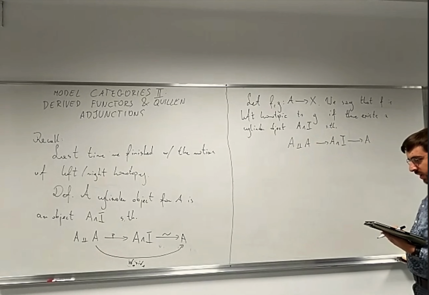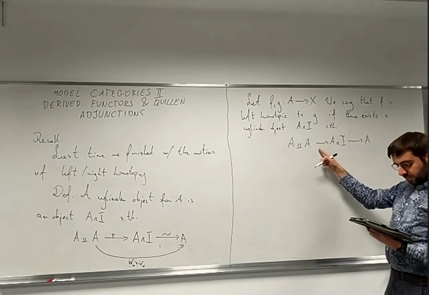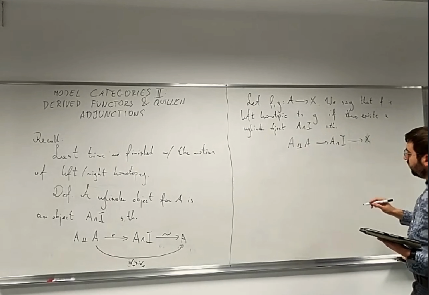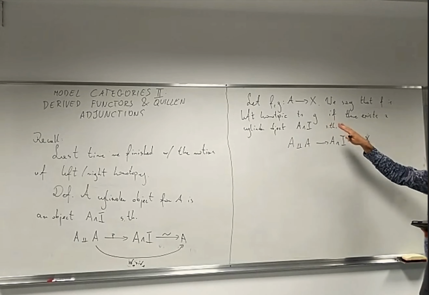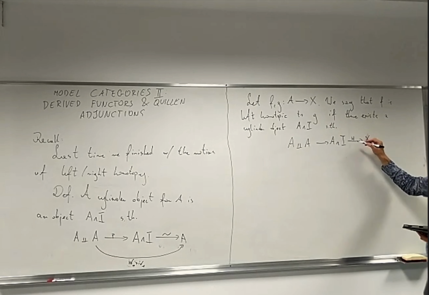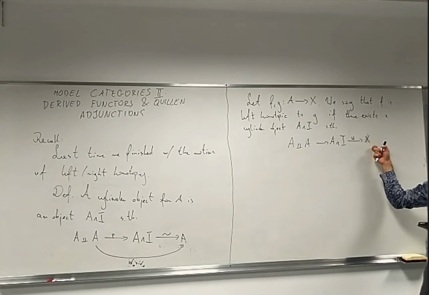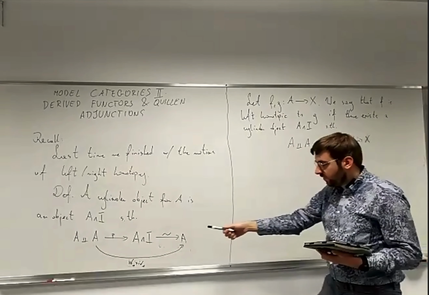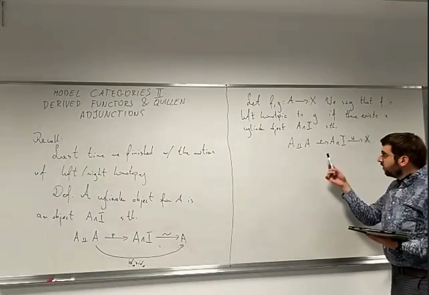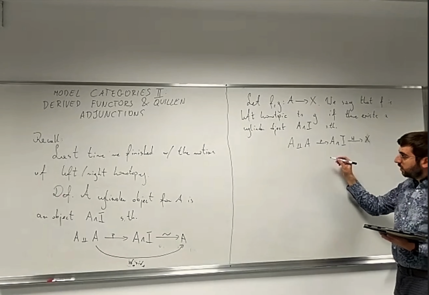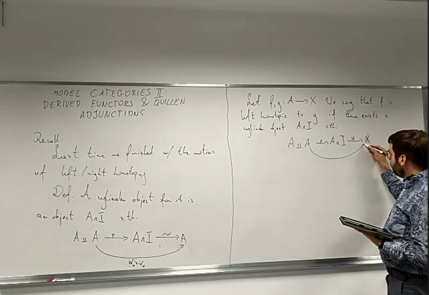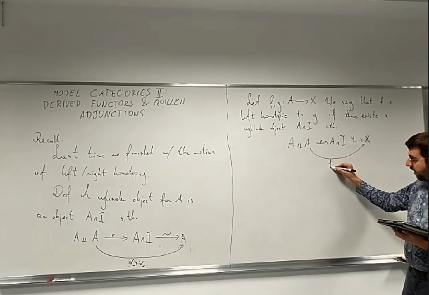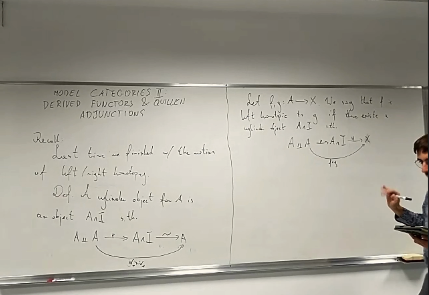What we need for a left homotopy to exist is a map H from a cylinder object to X, such that if we take the map P coming from the definition of the cylinder object, followed by H, then this composite is the same thing as F plus G. Here I mean the product of these two maps.